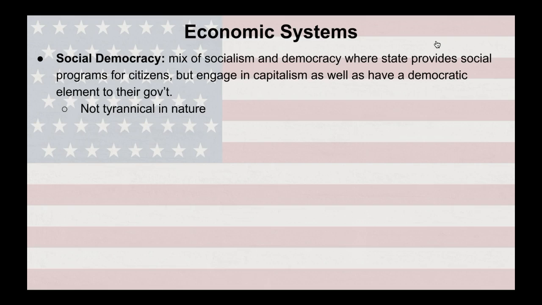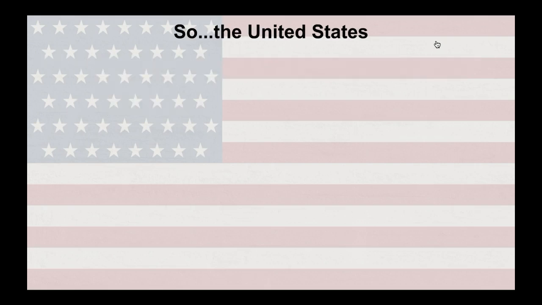And so they're going to have a very socialist style of economic system, but there is democracy in there as well. And so it's not tyrannical in nature, and it's a more, I don't know, open society that's more reliant on welfare for their individuals, their citizens. Okay.